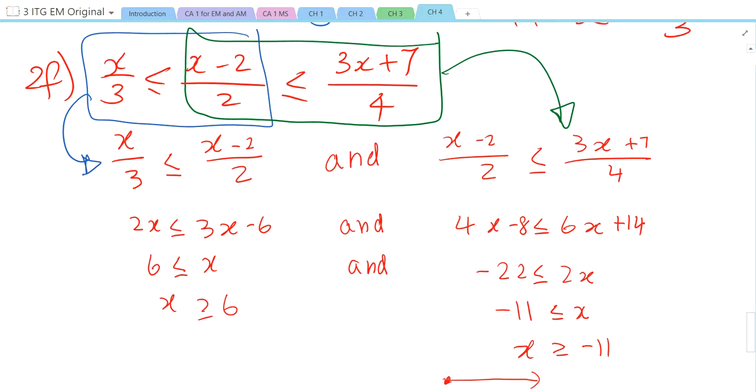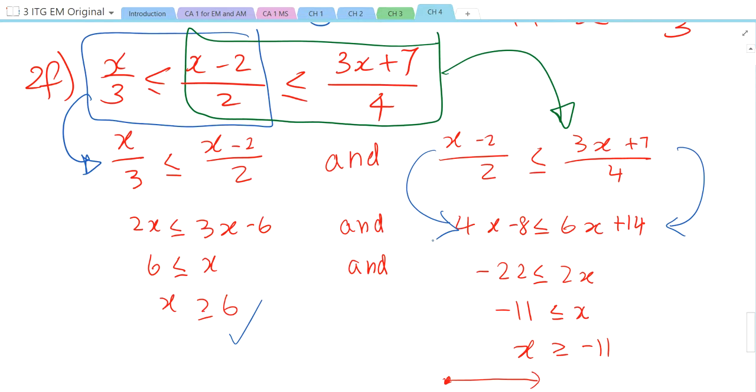X minus 2 over 2. Okay. Multiply by 6. What do you do from here to here?